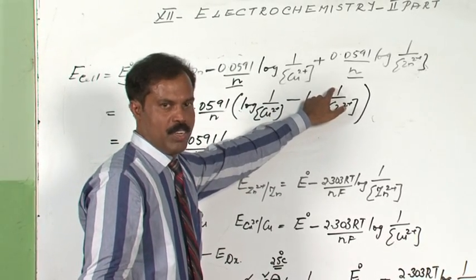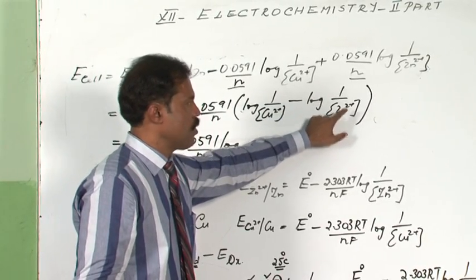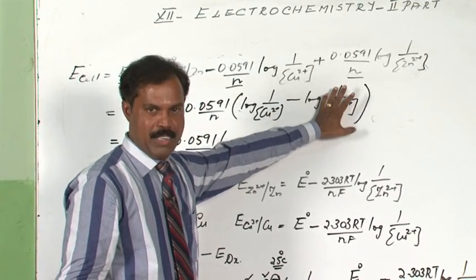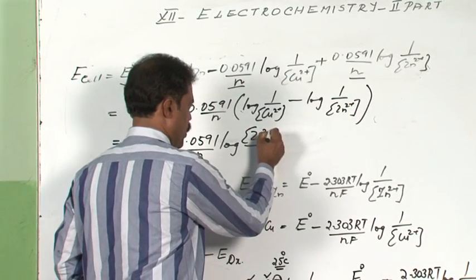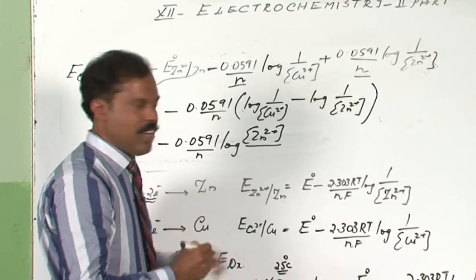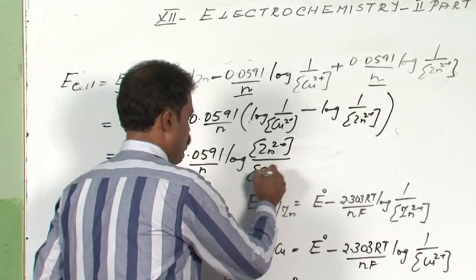So instead of writing this minus log 1 by Zn2+, the Zn2+ comes in the numerator. So it becomes log of Zn2+ on the numerator, and Cu2+ is already in the denominator, which is minus, so it comes here, Cu2+.